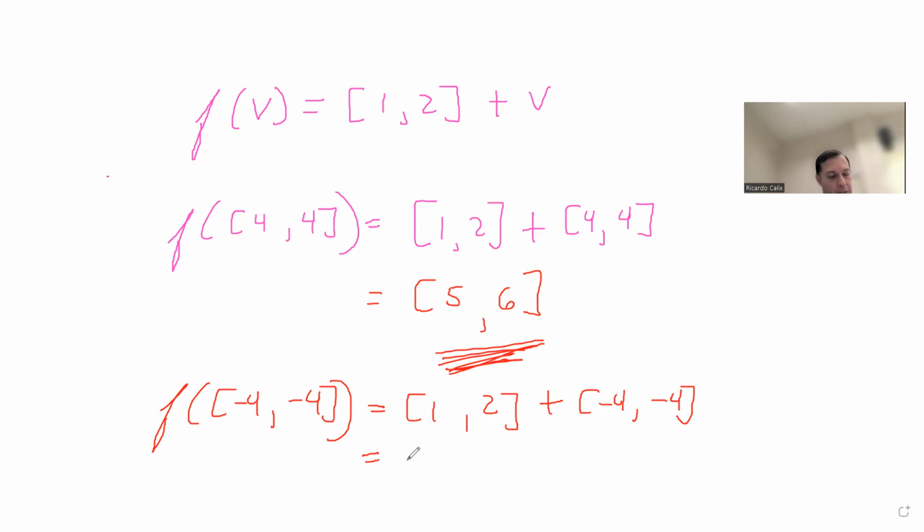So this is going to be 1 - 4, comma 2 - 4, right? And the answer then should be -3, and then -2, right? And that's your answer. Okay, so this kind of defines the space that we are working.